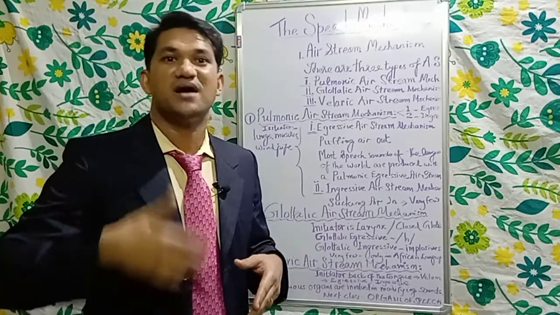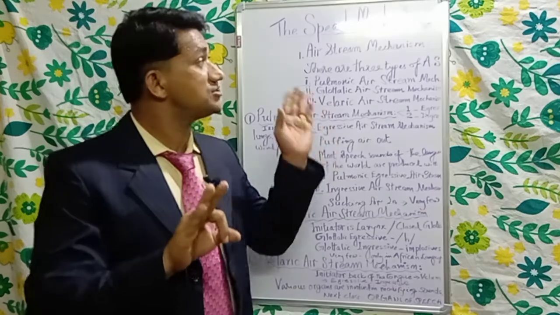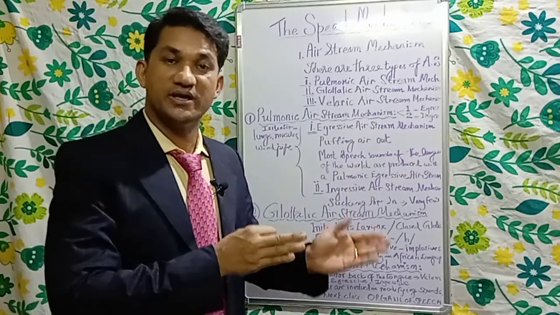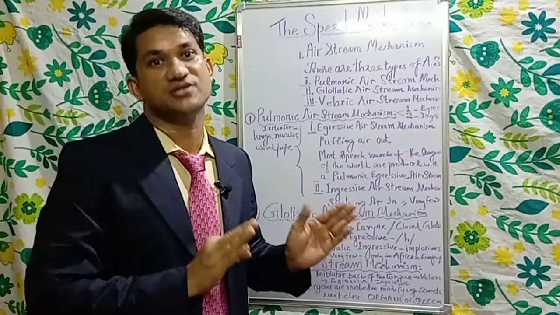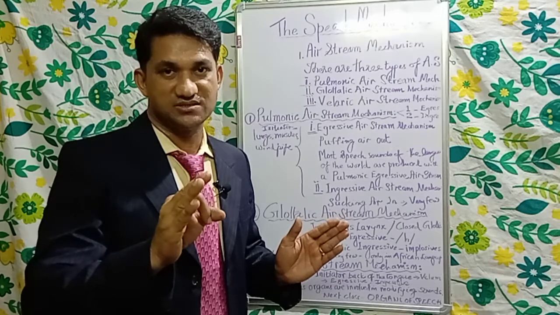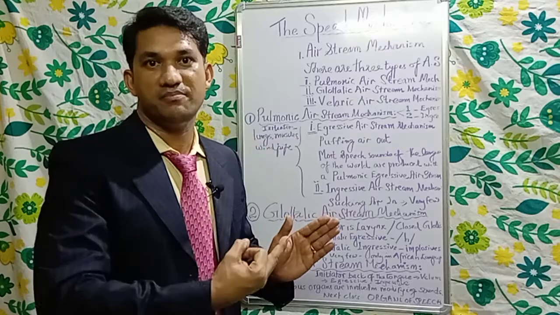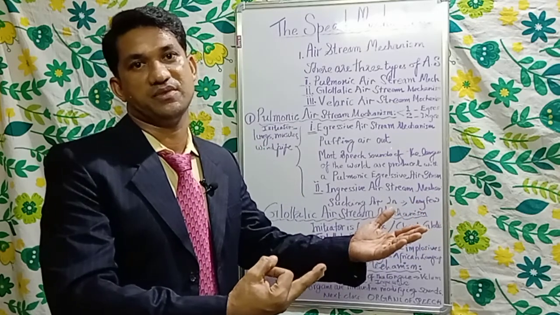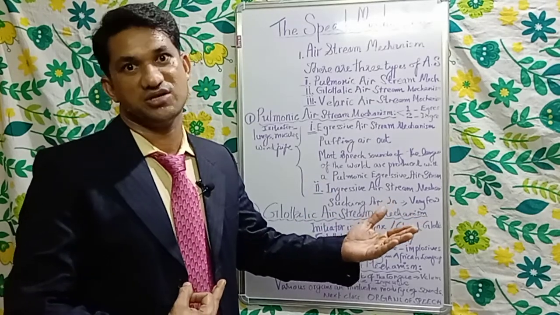Based on the passage of air, we have three types of airstream mechanism: pulmonic, glottalic, and velaric. Pulmonic airstream mechanism is the passage of air from the lungs through the windpipe out of the mouth. If the air is going into the lungs, it is pulmonic ingressive airstream mechanism.